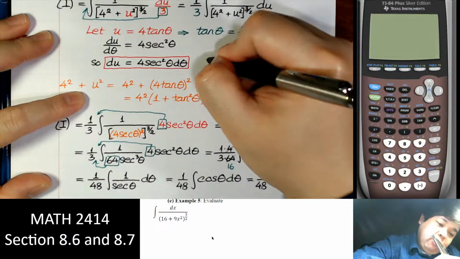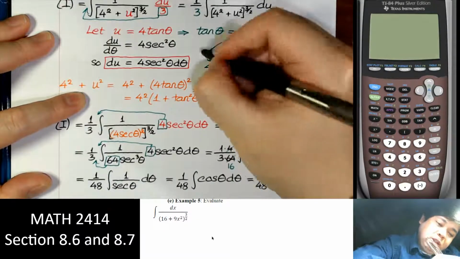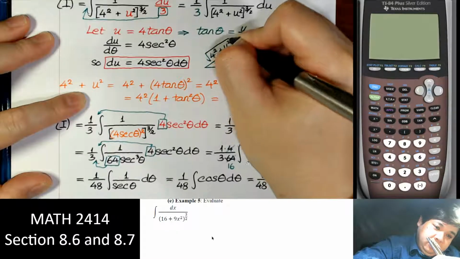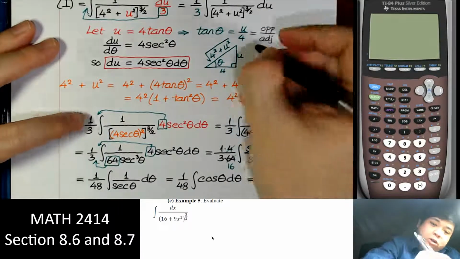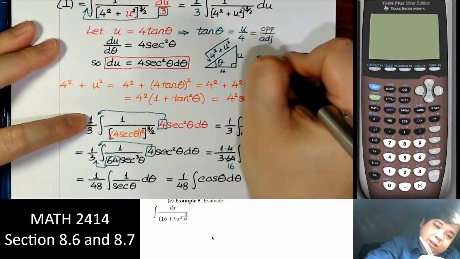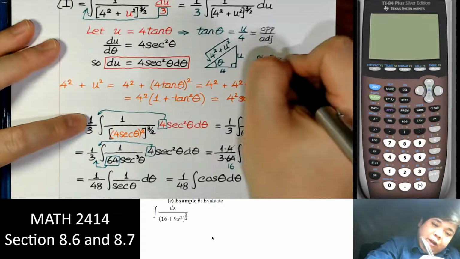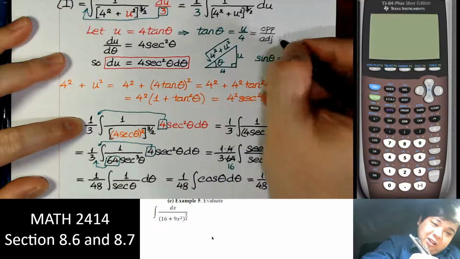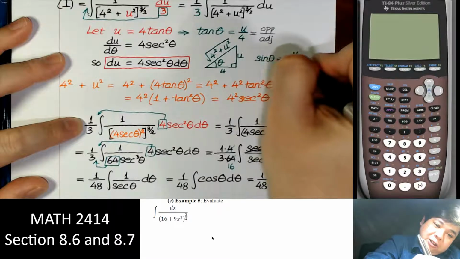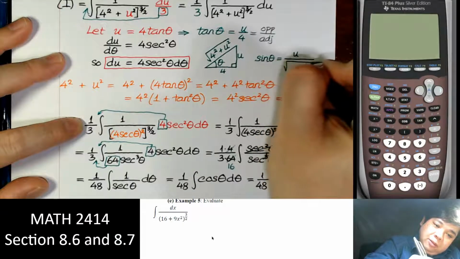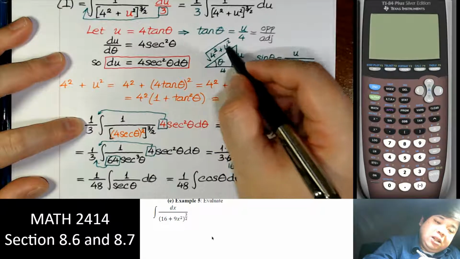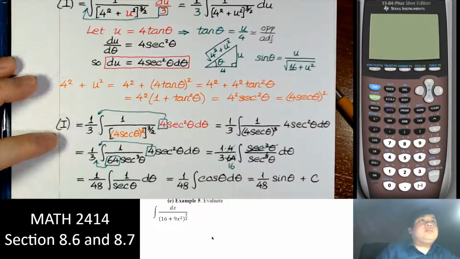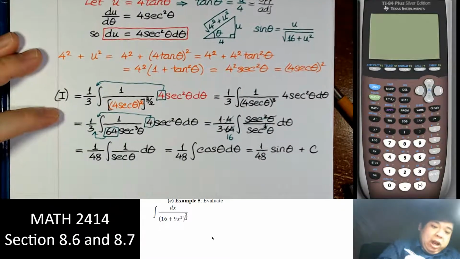And the hypotenuse therefore is going to be the square root of 4 square plus u square. And with that we go back to sine. Sine is opposite over hypotenuse. I'm just going to write 16 plus u square. Right, and we'll put back into our problem.